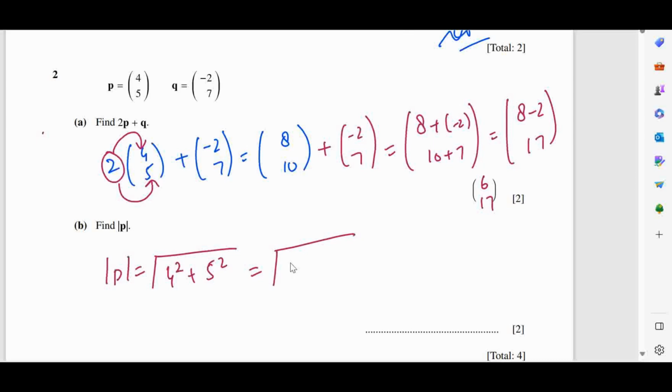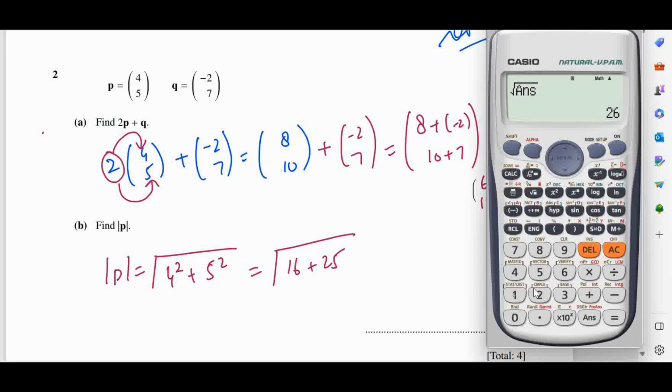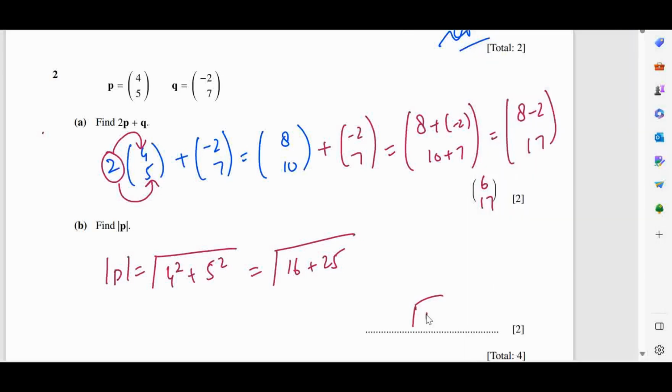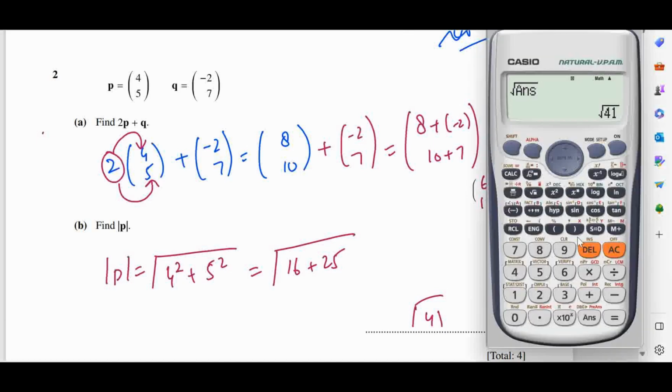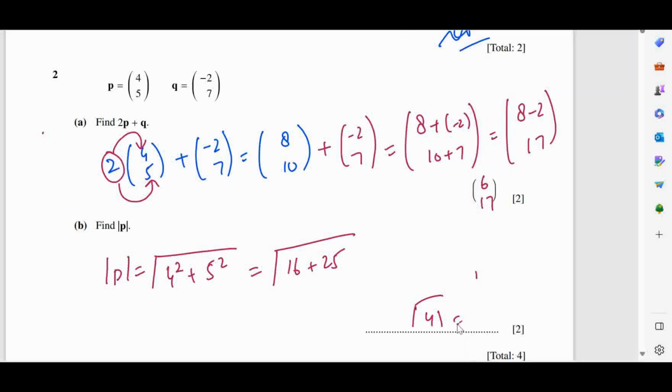So this will be 16 plus 25. So 16 plus 25 is 41, and if we take the square root, this will be square root of 41 or 6.4. I prefer that you write square root of 41, or you can also write 6.4. This will be the final answer.